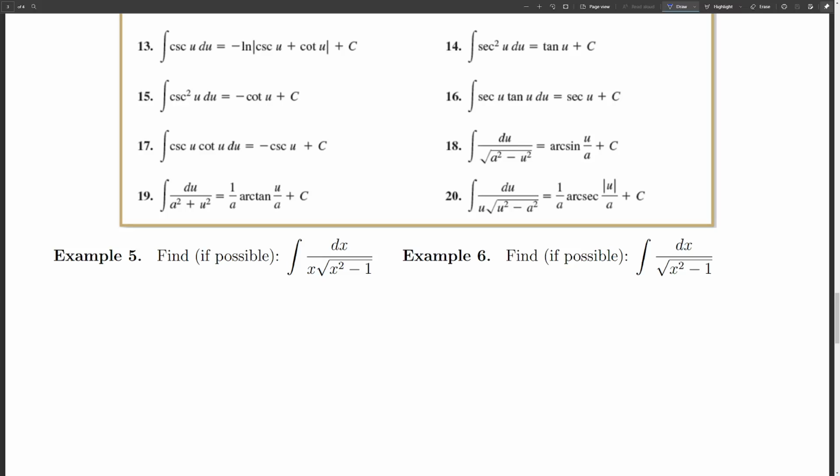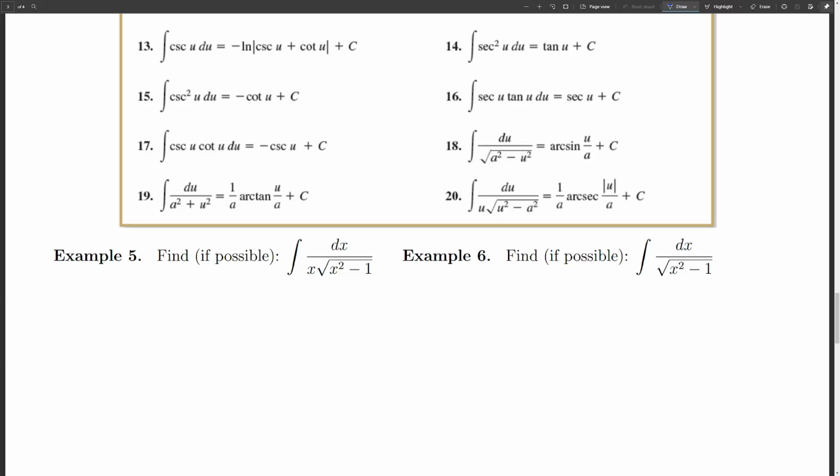So the first integral we're going to look at is the integral of 1 over x times square root of x squared minus 1 dx. And if you take a good look at it, you'll see that this is an example of rule 20.